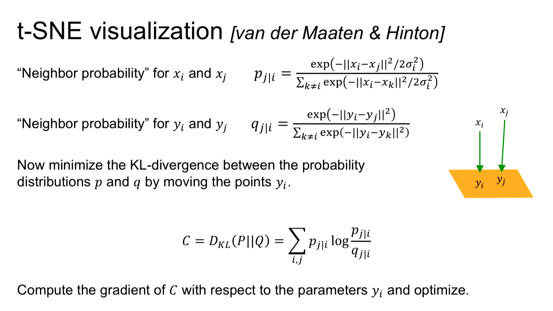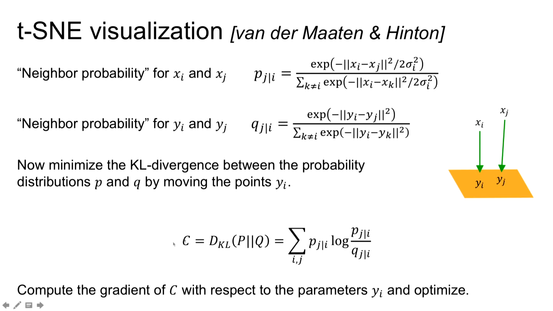In particular, you like the Q probability to be large, which means points are close together, whenever the P probability is large. And you don't care as much when they're small. So this is the formula. It's like a loss as a function of the position of the points yi. That's our model parameter, all of the points yi.